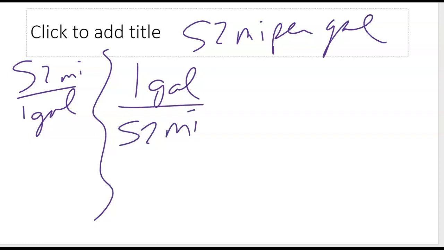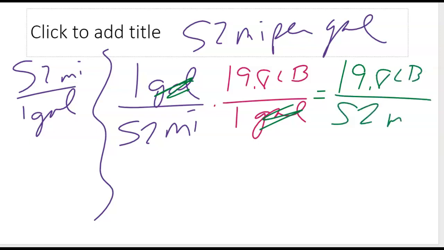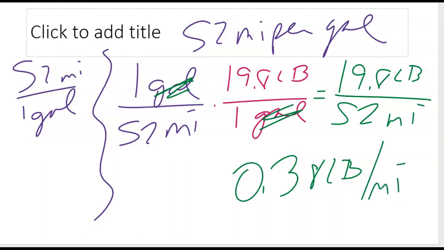We are given that 52 miles is the same as 1 gallon. So then if we take our 19.8 pounds over 1 gallon of gas, my gallons cancel out and I'm left with 19.8 pounds over 52 miles. Same thing. And then we divide and we get that same answer of 0.38 pounds per mile.